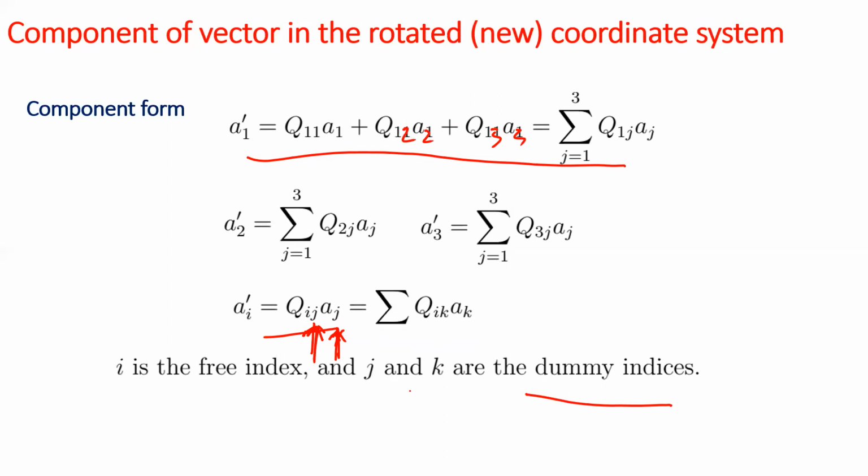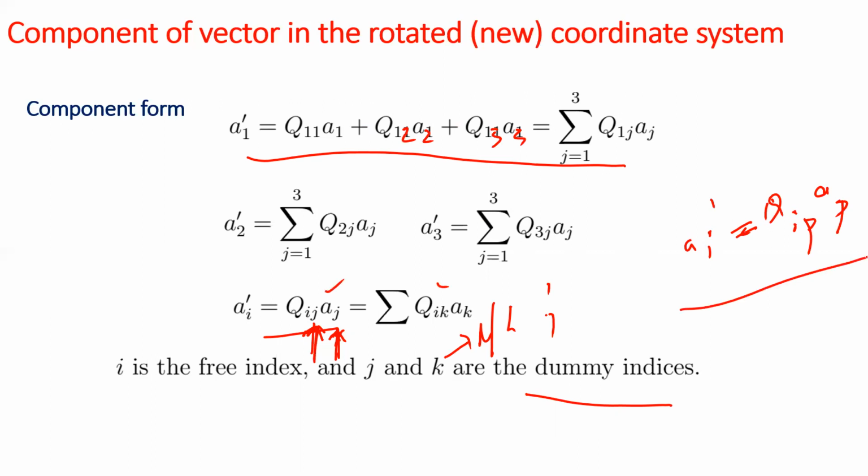Because that is the one which is repeating, and it does not matter what that dummy entity is represented with. So J can be replaced with K, can be replaced with L, or for that matter, any symbol. So your Ai prime is Qip Ap. Here I've written J and K, and here I'm writing the same in another dummy index P.